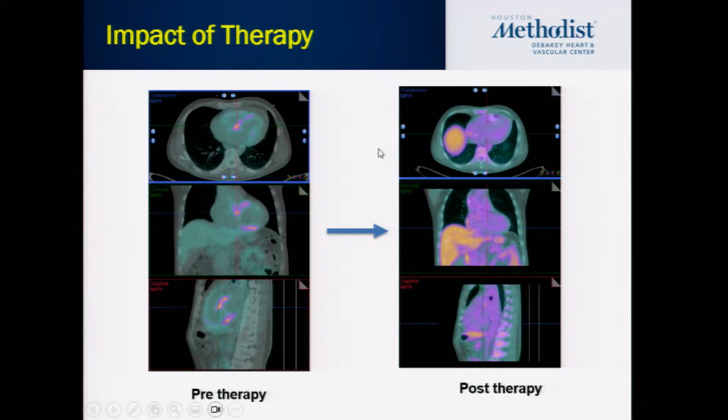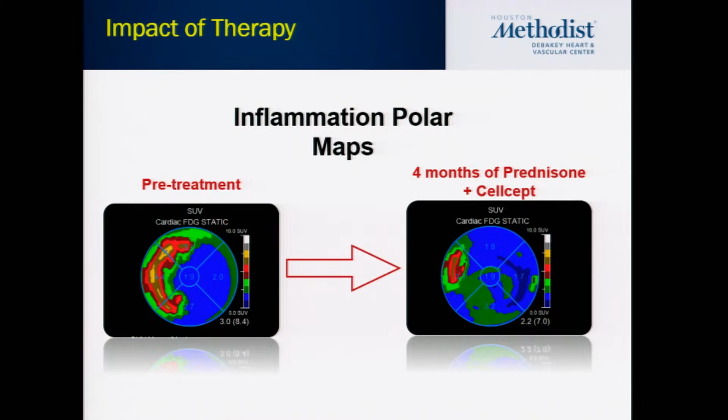The case is not always as rosy. Sometimes you see some residual inflammation, and we can also assess the amount and extent of inflammation. In treatment, we can see how much FDG uptake there is, and there is a unit called standard uptake value, which tells us the intensity of the uptake.